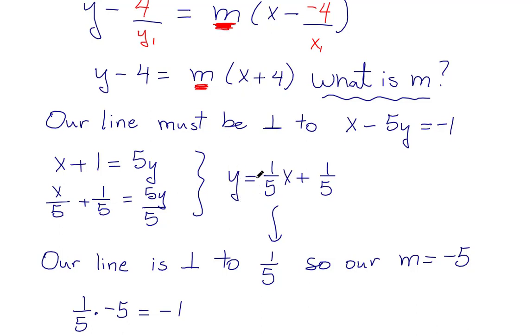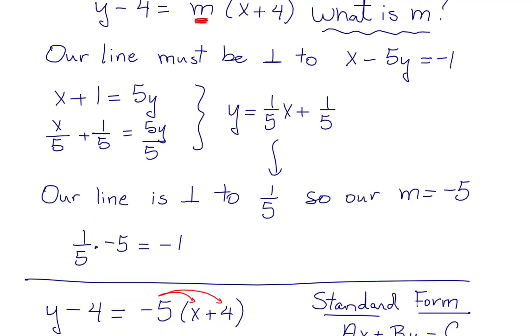So our line, the new one, has got to be perpendicular to this one, and this one has a slope of 1/5. So ours that's perpendicular is the negative reciprocal, or -5. And again, you can check that the product of the two is -1.